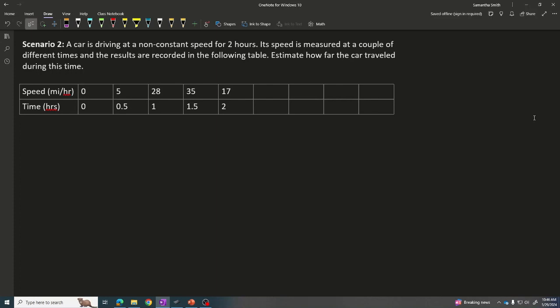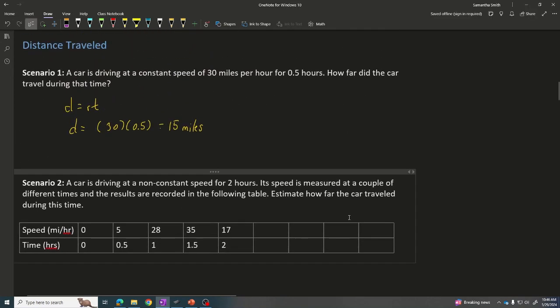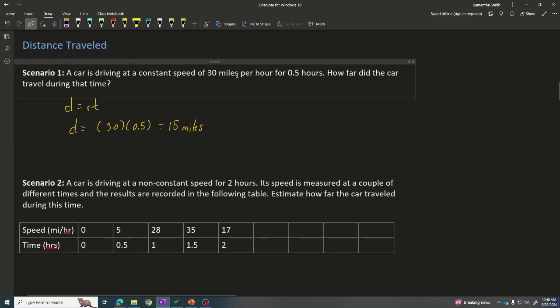One possible approach would be for me to say, okay, I do know that if an object travels at a constant speed, then you can find the distance traveled by taking that constant speed and multiplying it by the length of time that the object was moving at that speed.